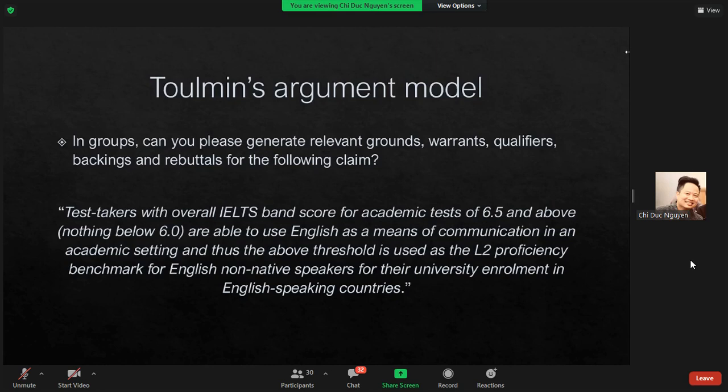And that is the reason why we need to have some kind of qualifiers. And for most of the claims, we need to have some kind of hedging devices in order to downturn and reduce the certainties of the claim. And at the same time, rebuttals. What does this mean for rebuttals?